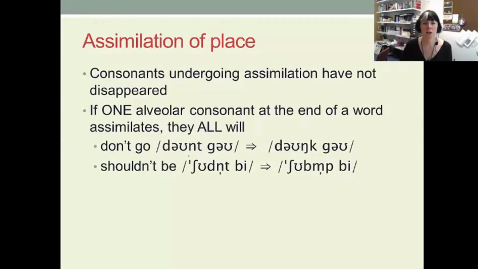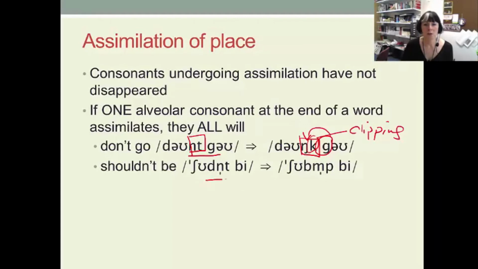So in the phrase don't go, we actually have two alveolar consonants here, and they are likely to assimilate. Both of them are likely to assimilate. So if I said this in rapid speech, it would be don't go, don't go. And the voiceless plosive here is still doing the clipping, so we need it there, it's not disappeared.